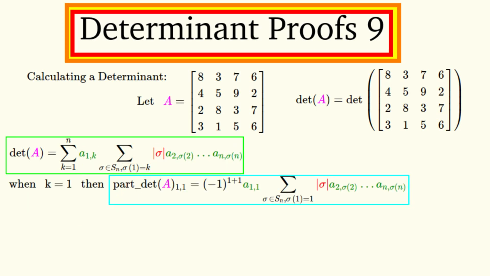We'll investigate what will happen when k is equal to 1, so it's the first entry multiplied by its cofactor of this matrix. I've decided to call this function part det because it's calculating only part of the determinant, the part corresponding to the first entry of the top row. So I can write it like this, substituting the cofactor of A in for this more complex expression.